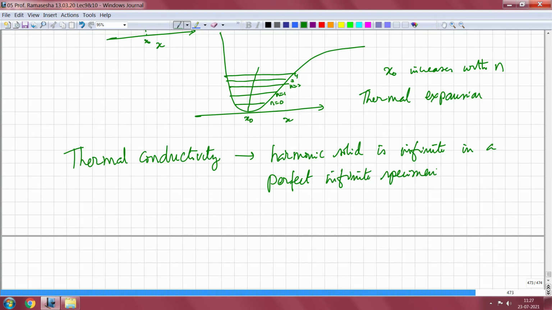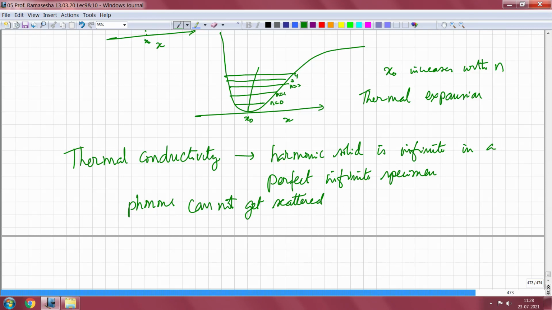In a finite specimen with defects, the mean free path may be different for the phonons. What it means is that the phonons cannot get scattered. There is no term in the Hamiltonian of the lattice, when you do the harmonic approximation, which couples different phonons.